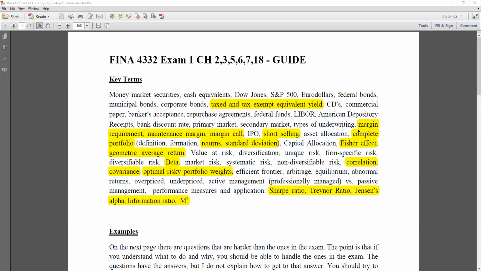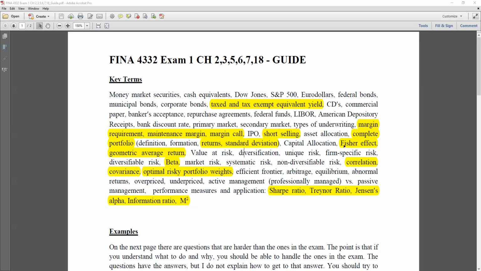Now, I'll tell you, the complete portfolio standard deviation is not the long portfolio standard deviation formula we have seen. It is a much shorter formula, a weighted standard deviation with the risky portfolio portion of the complete portfolio. So do not confuse the complete portfolio standard deviation calculation with your regular portfolio standard deviation calculation, which is a much longer formula.